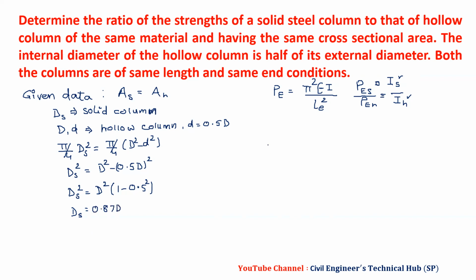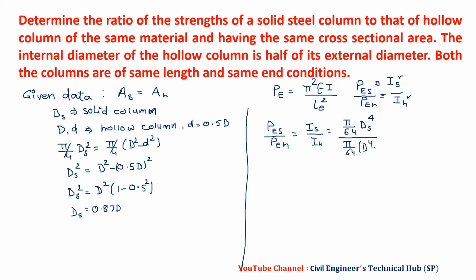Now we have the comparison, PE solid upon PE hollow, and that is equal to I of solid upon I of hollow. Then we have I of solid, pi by 64 ds to the power 4, divided by pi by 64 into D to the power 4 minus d to the power 4.